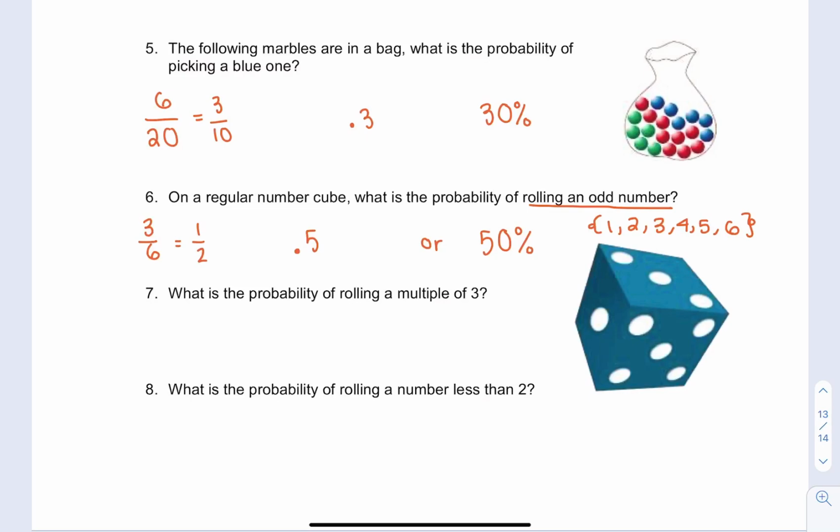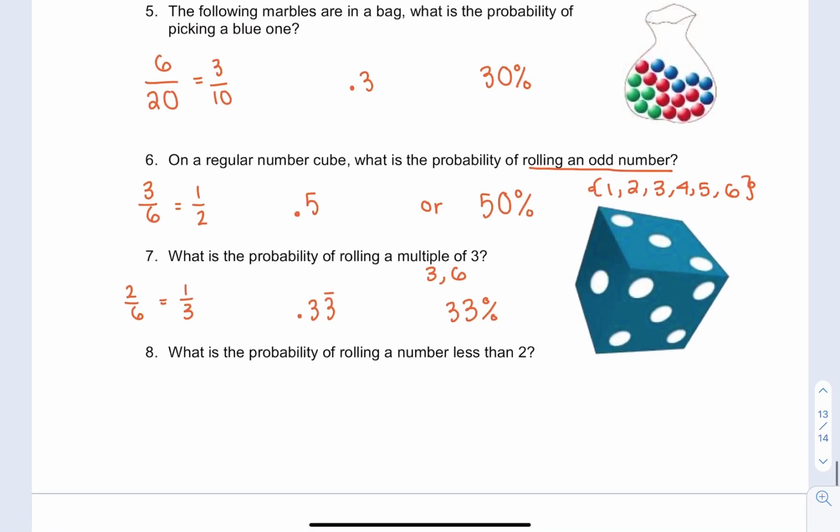The probability of rolling a multiple of 3. Well, what are multiples of 3? Those are numbers like 3 times 1, 3 times 2. So we've got 3, 6. I could do 9, but I don't have it, so I only have 3 and 6. So that is 2 out of 6, which is 1/3, or 0.33 repeating, or 33%.